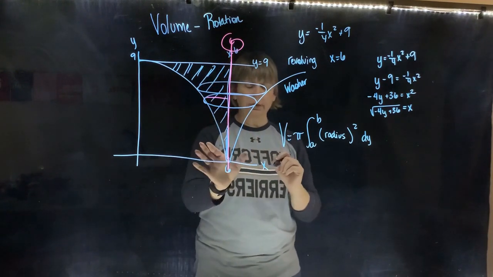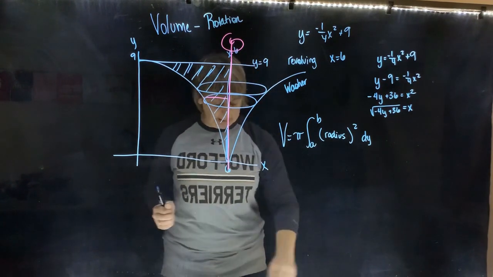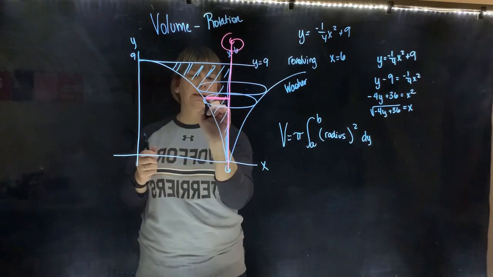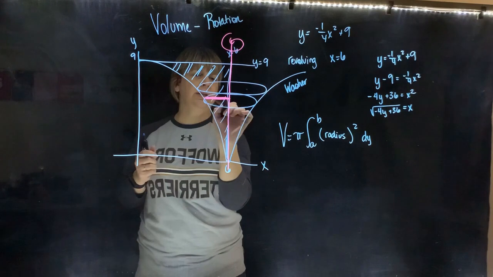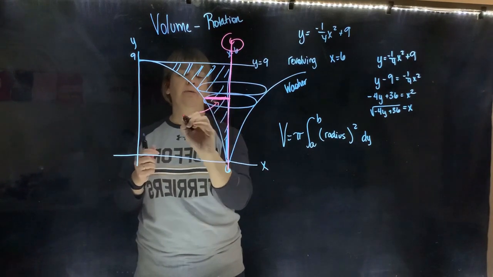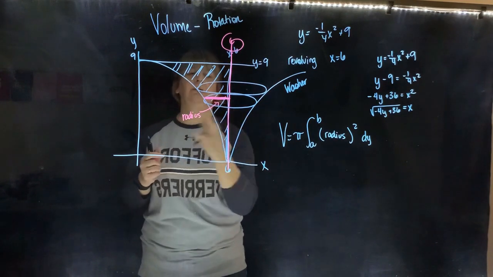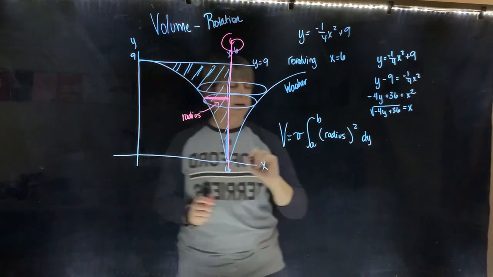So the way to do that is I'm going to back up and just look at this one little pink line right in here. This is my little slice that I want to pay attention to for the radius. I know it gets revolved, I know it gets over to the other side, but this is my radius.